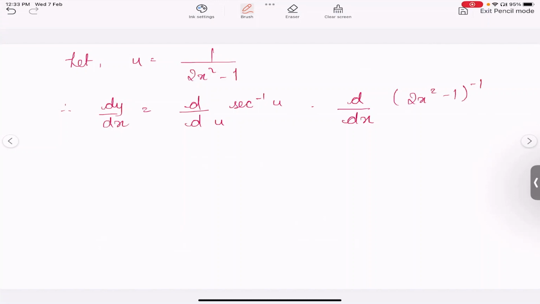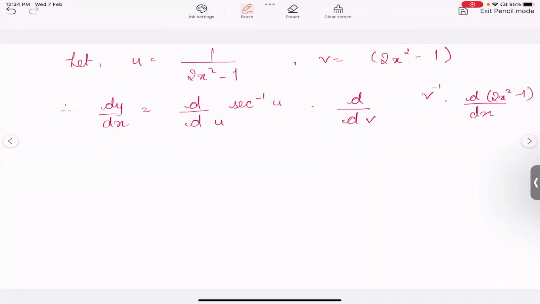This can be taken as, let's say, v is equal to 2x square minus 1, so this can be written as v inverse times derivative with respect to v and dv by dx.